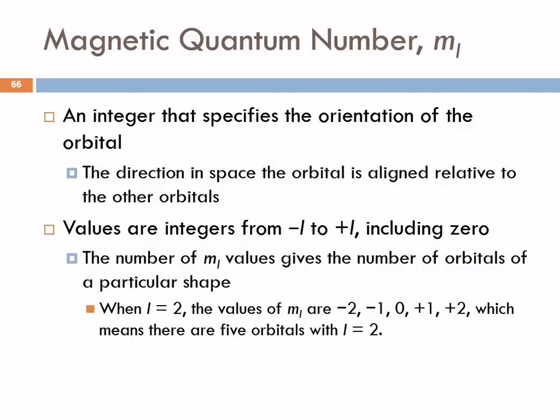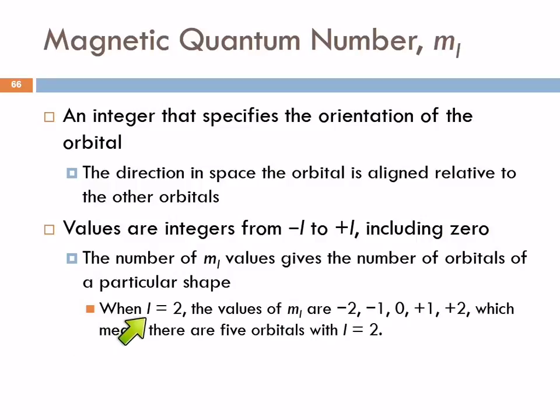The magnetic quantum number specifies the orientation of the orbital, the direction in space that it's aligned relative to the other orbitals. This number can have values from negative L to positive L, including 0. So the number of different m sub L values tells us how many orbitals of a given shape are present.